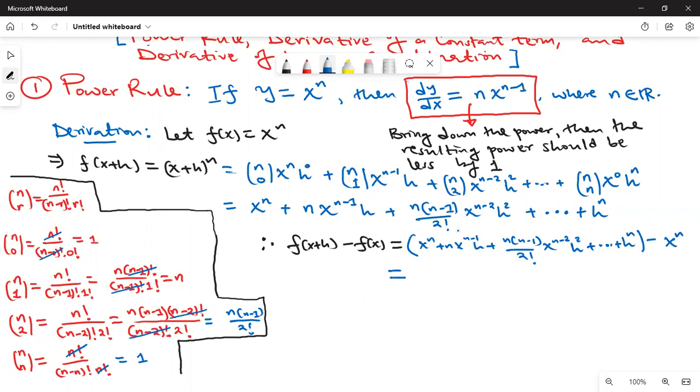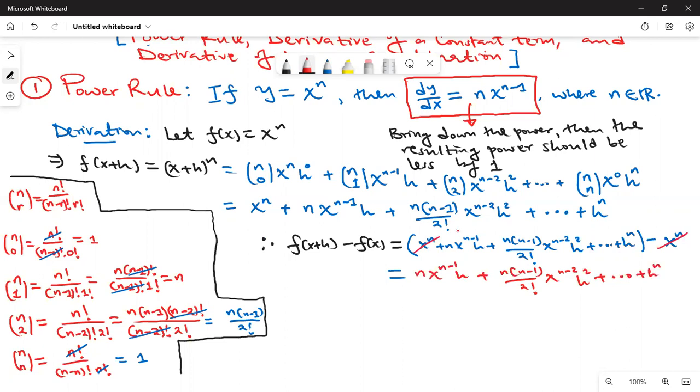If you simplify, x raised to n will cancel with this other one, so that we have n times x raised to n minus 1 times h plus n times n minus 1 over 2 factorial x raised to n minus 2 h squared plus so many other terms plus the last one h raised to n.